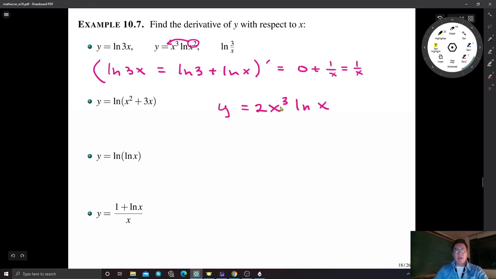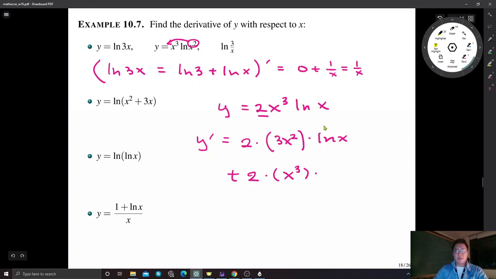Alright, and then I have the product of two functions. So using the product rule, y prime is, leave this constant 2 alone, and then take the derivative of the first function, 3x squared, and leave the second function alone, plus constant 2, x cubed, and then multiply by the derivative of the second function.